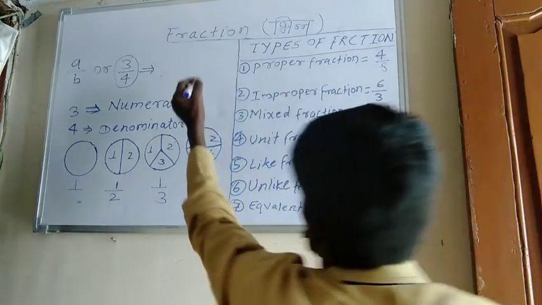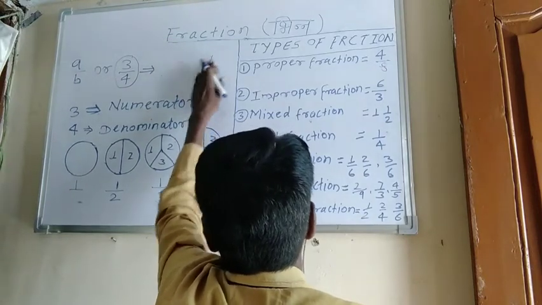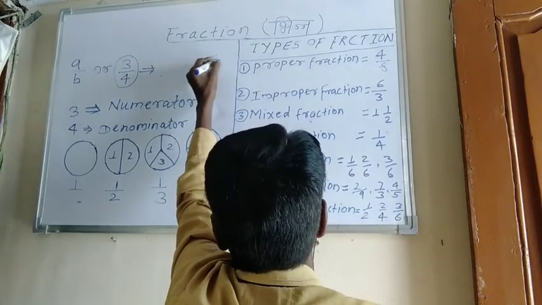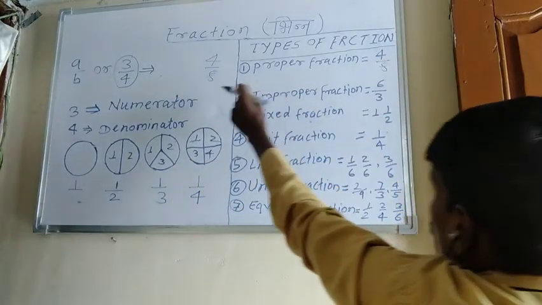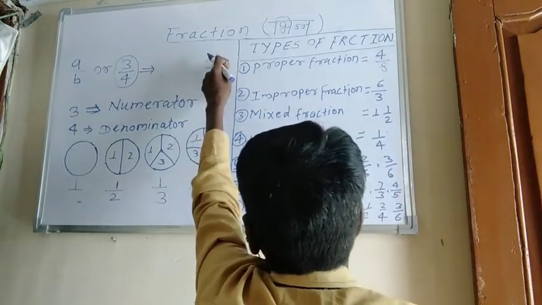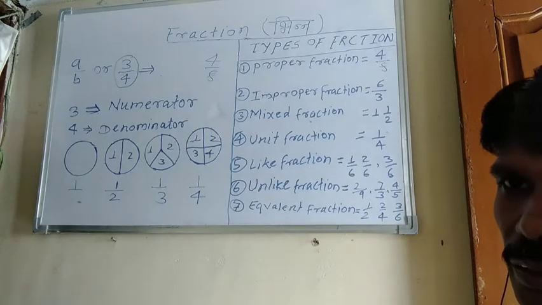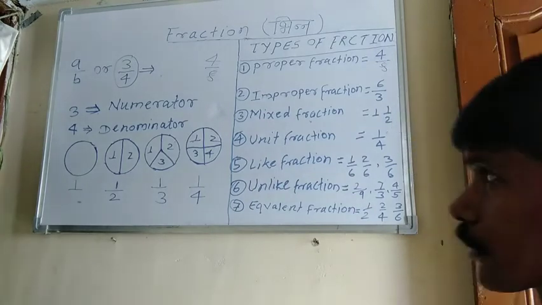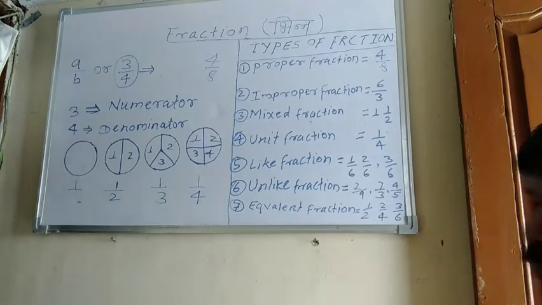If you see here, 4 upon 8, the denominator is greater than the numerator. When the denominator is greater than the numerator, it is called a proper fraction.